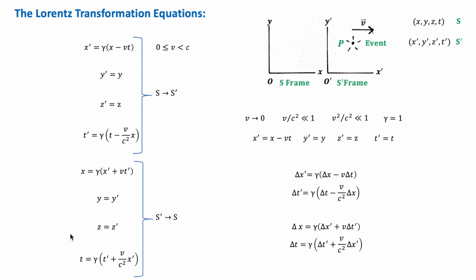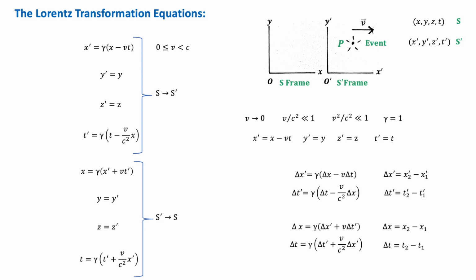So if v is much less than c, then the Lorentz transformation will reduce to the Galilean transformation, because as v approaches 0, v over c square is much less than 1, and v square over c square is much less than 1, and so gamma is approximately 1, and the Lorentz equations will reduce to these equations, okay, which are the Galilean transformation equations.